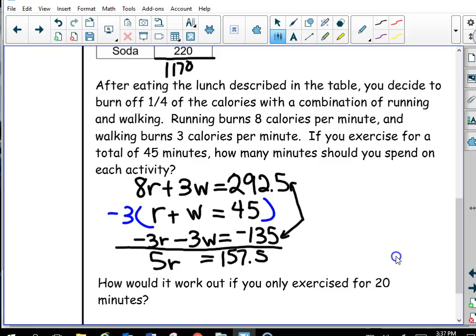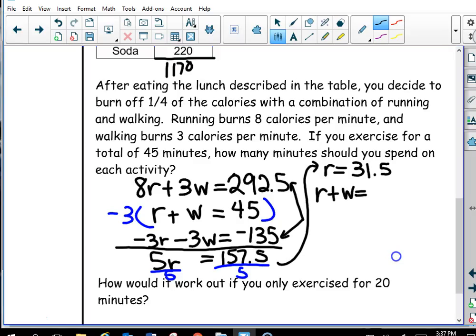Finish solving this by dividing by 5. R will be equal to 157.5 divided by 5, which is 31.5. So I should spend 31.5 minutes running, and we're going to exercise for a total of 45 minutes, so R plus W equals 45.